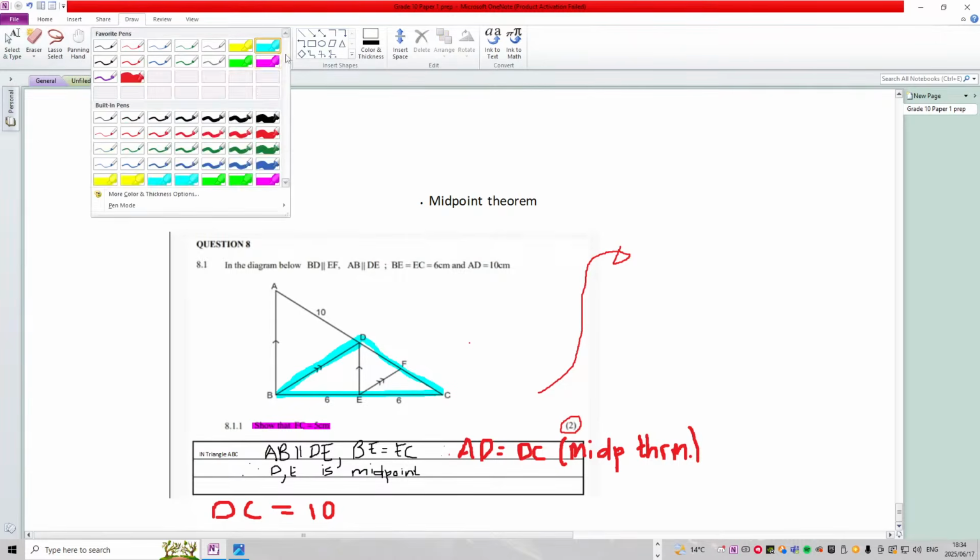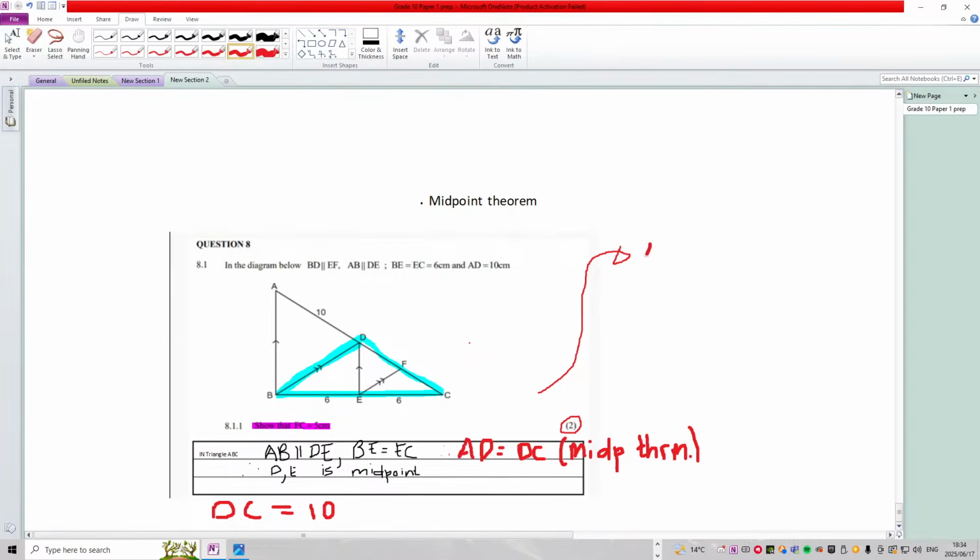So, triangle BDC, or we're going to say in triangle BDC, we have two conditions for the midpoint theorem.